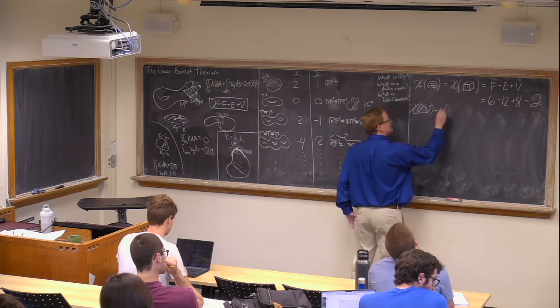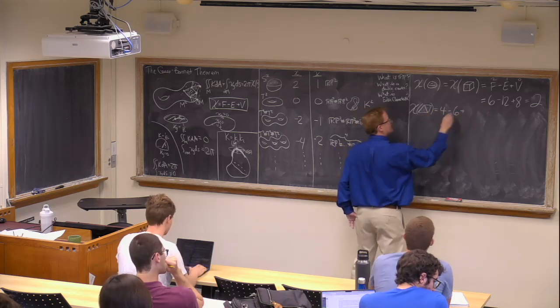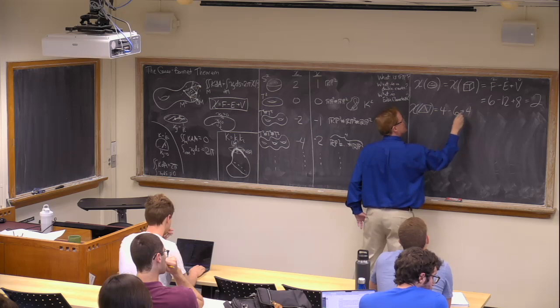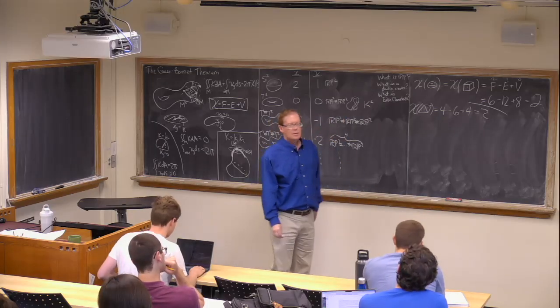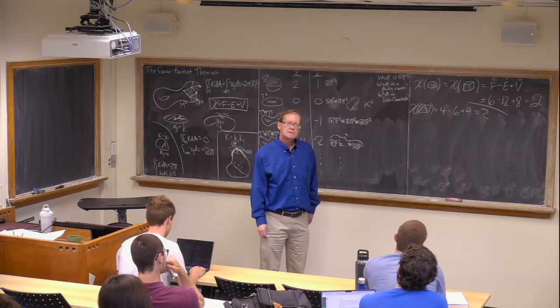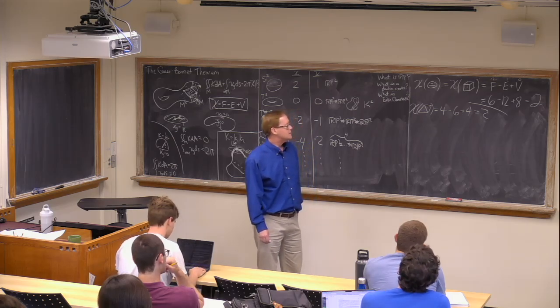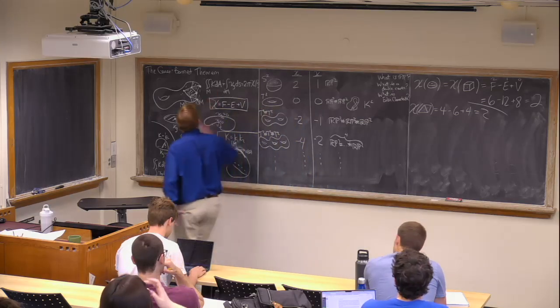And then how many edges? Well, there's 6. And then how many vertices? There's 4. And that also equals 2, right? So you're like, oh, I got 2 in both cases. And it turns out that's not a coincidence. However you triangulate your surface, you'll get exactly the same answer. Now, if you want to know the hard way to prove that, it's the Gauss-Bonnet theorem.